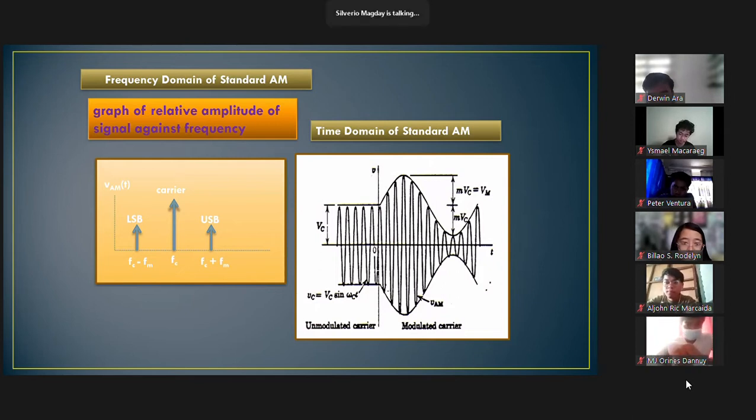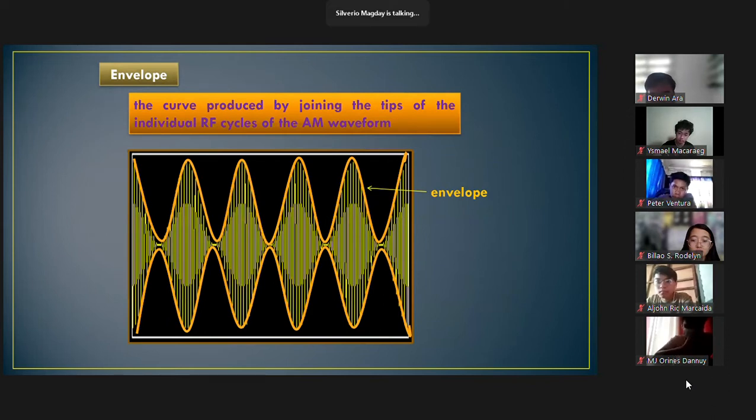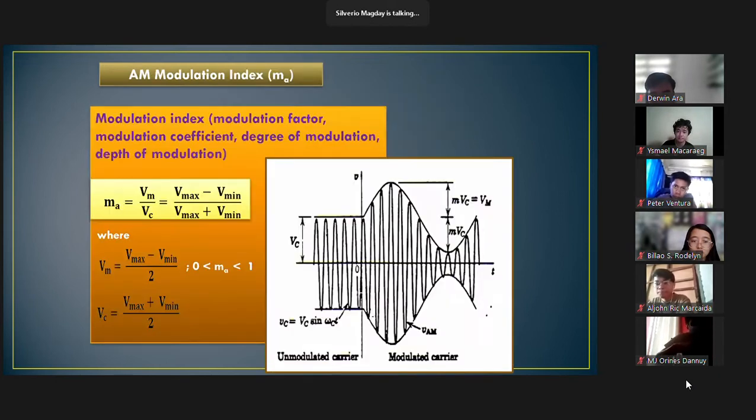And this is modulated with the trace of peaks, amplitude, voltage, and envelope. Okay, the curve goes by joining the peaks of the individual cycles of the carrier, the envelope. More on your modulation index.